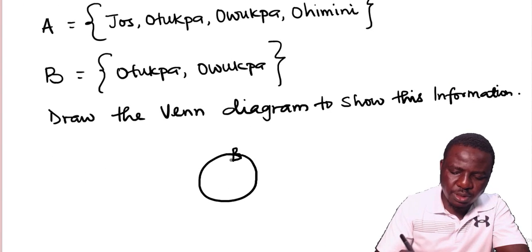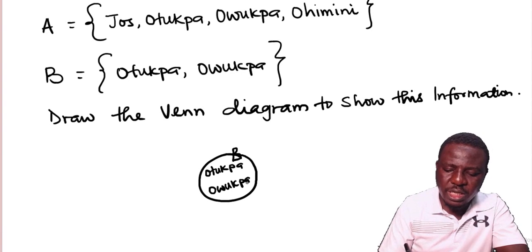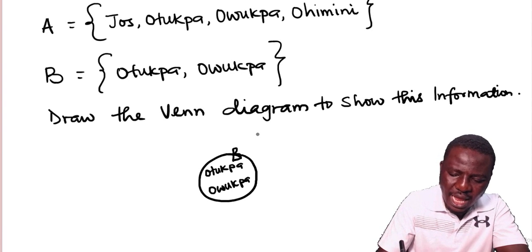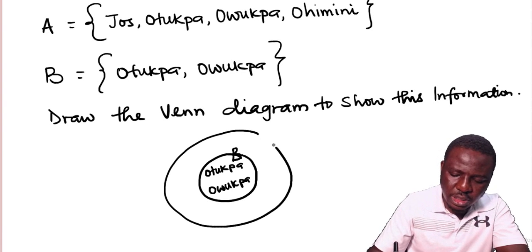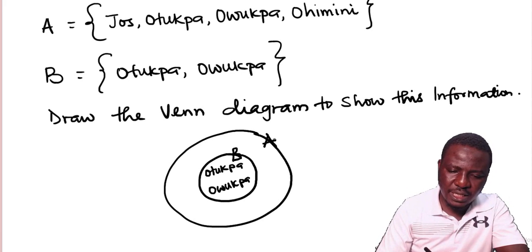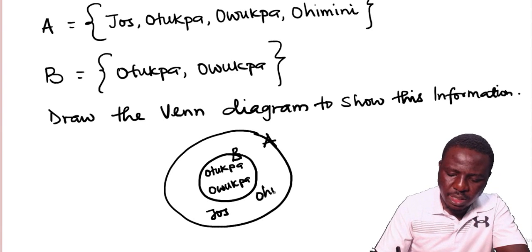Let me call this set B. Set B is made up of Otukpa and Oukpa. Since set B is a subset of set A, I can now draw set A as a universal set made up of Jos and Ohimini.